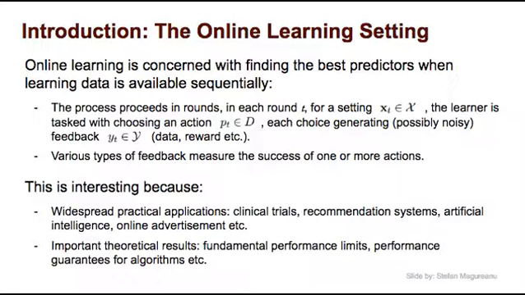We denote the round as t, the input data at round t as xt, the prediction of our prediction model as pt, and the feedback or the correct prediction as yt.